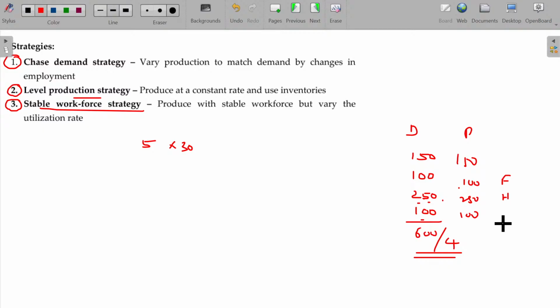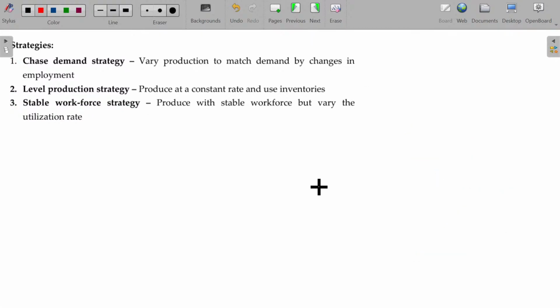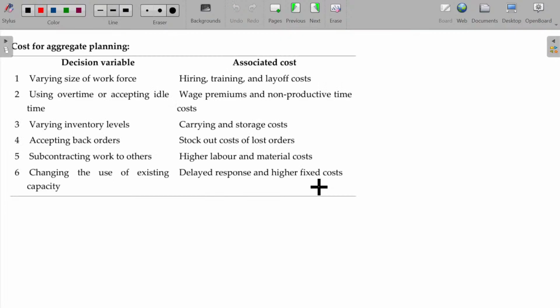This is the hire and fire strategy. Or when there is huge demand, beyond the extent I can manufacture, I can subcontract to a third party. Hope you are now able to understand this. Is that clear? Chase demand strategy, level production strategy, and stable workforce strategy. These are the 3 strategies we have.